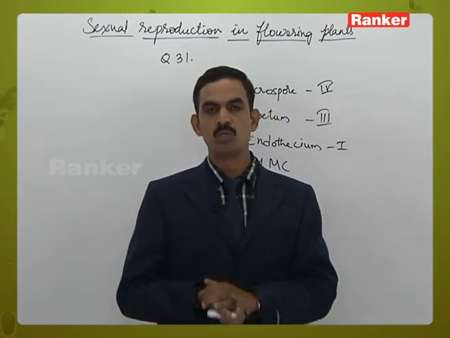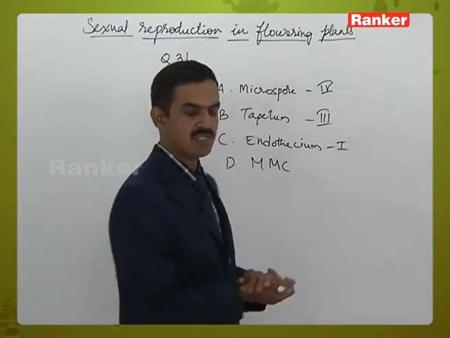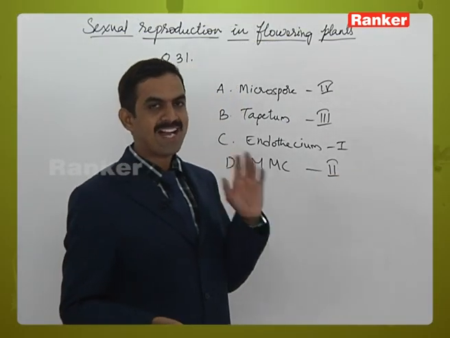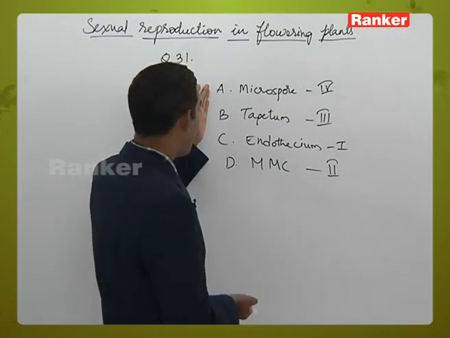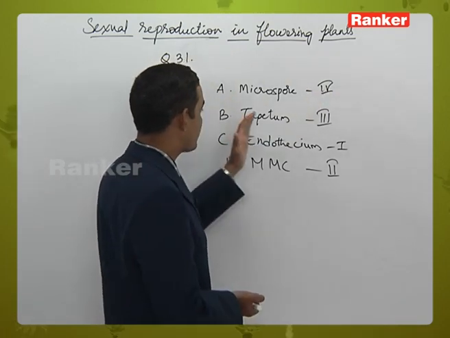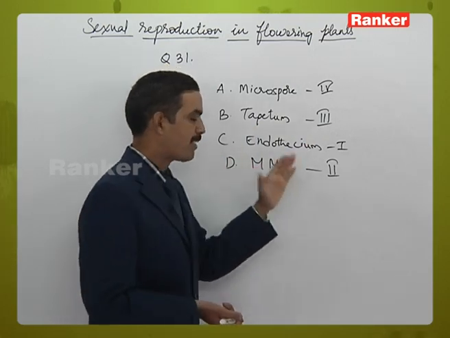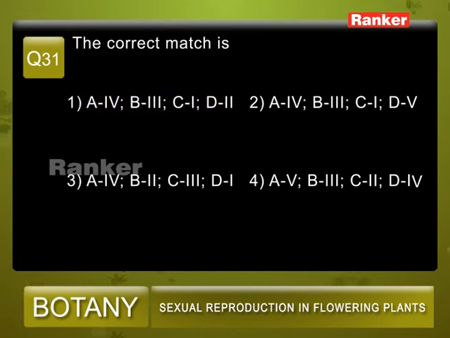So in list 2, it is related to microspore mother cell, that is meiocyte. If we match list 1 to list 2, A microspore is 4, B tapetum is 3, C endothecium is 1, and D microspore mother cell is 2. So question number 31, the correct answer is 1.